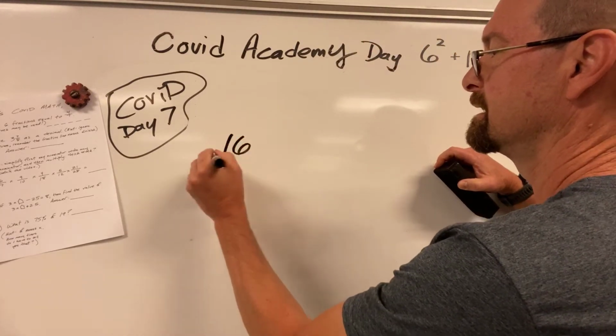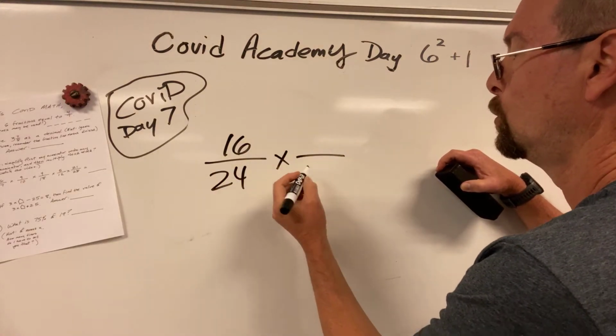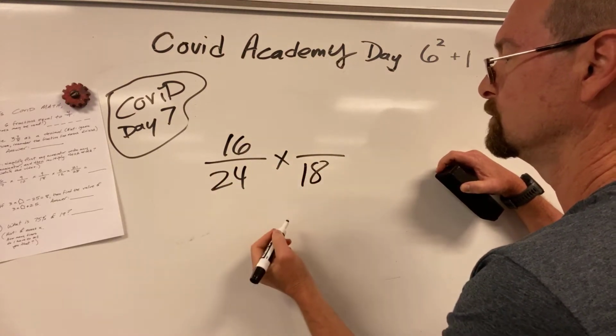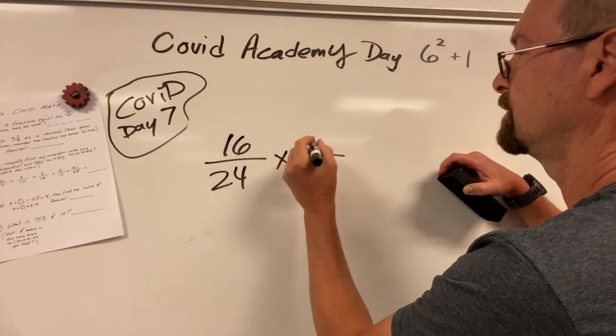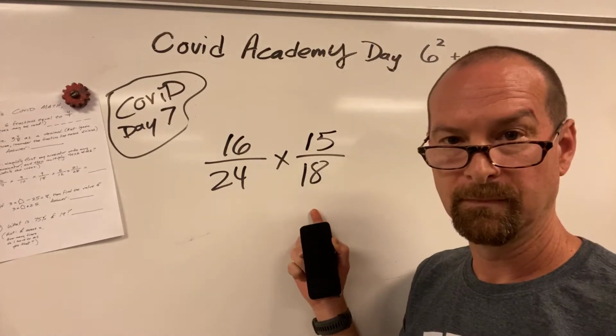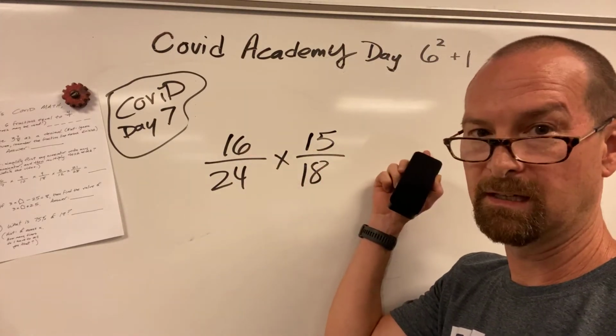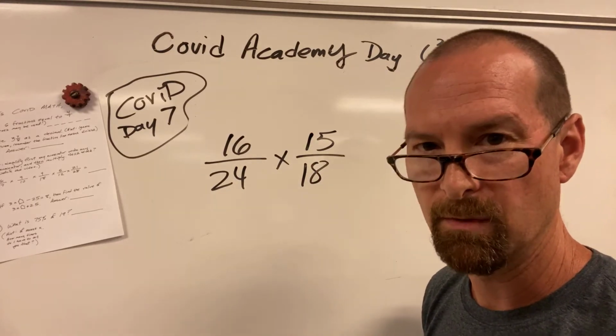You've got to simplify first. So here's the deal. I maybe showed you this a little. Let's say you had 16/24 times, I don't know, 18, we'll say. And what's something that goes in 3s maybe? Let's just say 15/18. Okay, so let's say that's your problem. You don't just do 16 times 15 and get this monstrous number and do 24 times 18 and get an even more monstrous number.